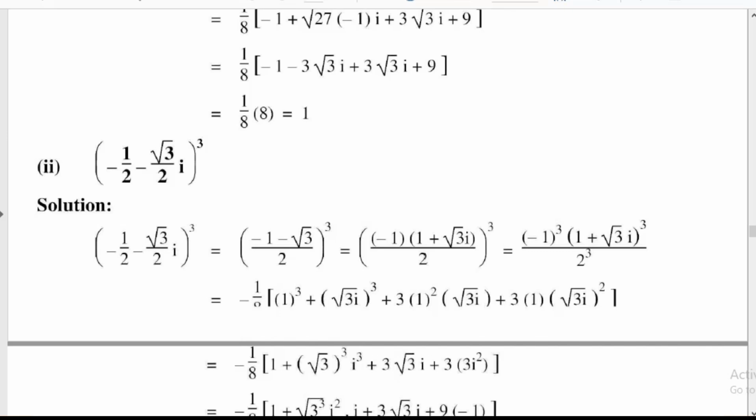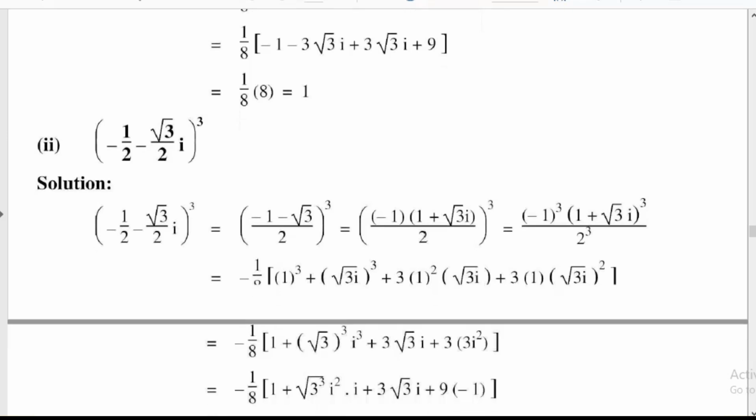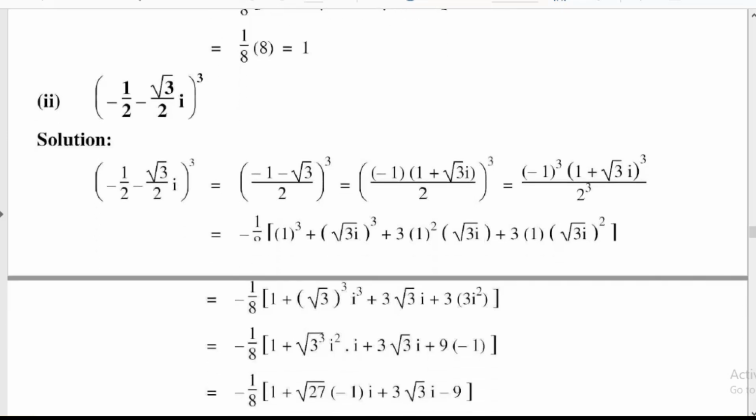So next step, that is 1 cube is equal to 1, plus (√3 i) cube, plus 3 into 1 square into √3 i, plus 3. So (√3) whole square is equal to 3. So square and square cancel. i whole square is equal to i square. So 3.